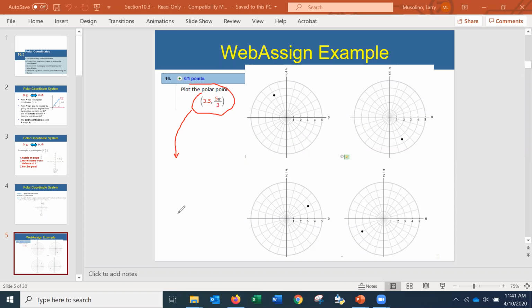Quick reminder, if I want to convert from 5 pi over 3 radians into degrees, does anyone remember what you multiply this by in order to change from radians to degrees? You might remember it was either pi over 180 degrees or 180 over pi.